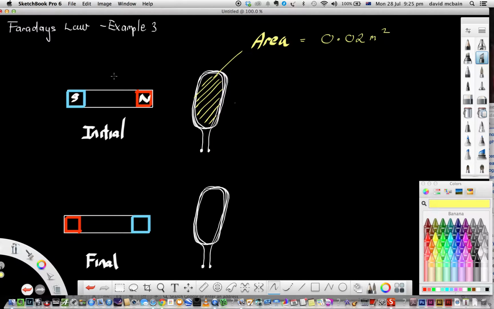And let's say that the magnetic field strength that the coil is exposed to, we'll make that 1.8 Tesla.